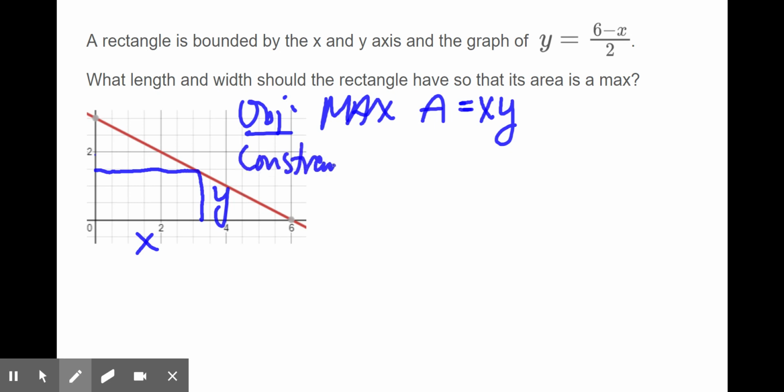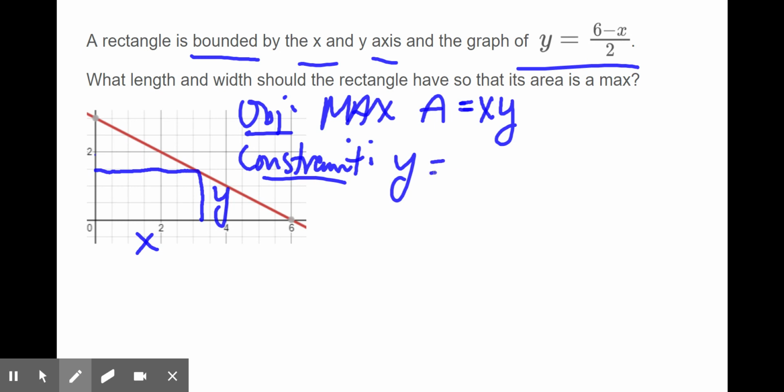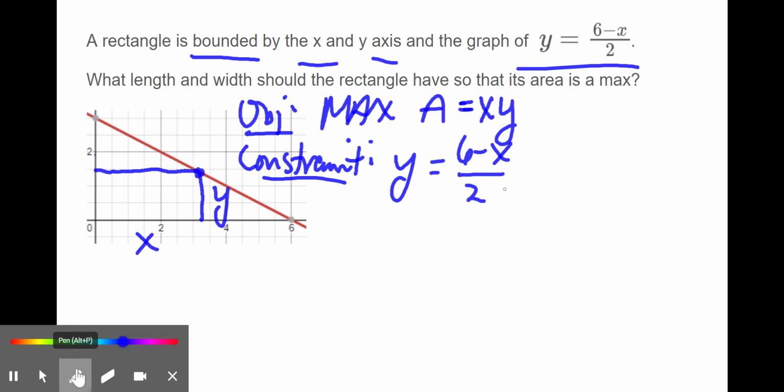The constraint is going to be that the rectangle has to be bounded by the x and y axes and this graph. So I know for certain that y equals 6 minus x over 2, because some point on this rectangle has to be on this graph somewhere.